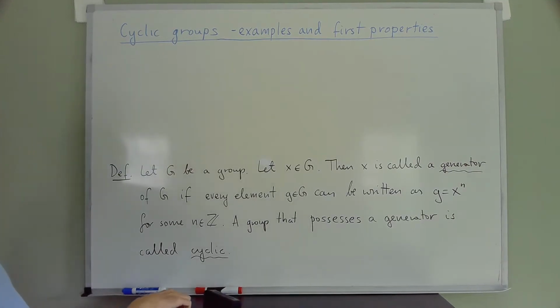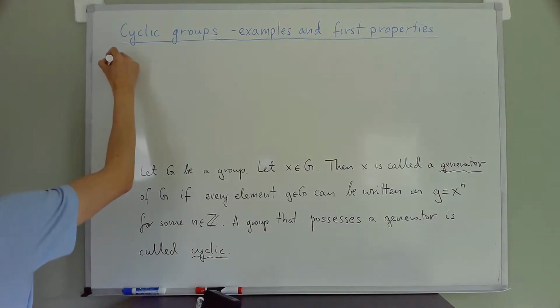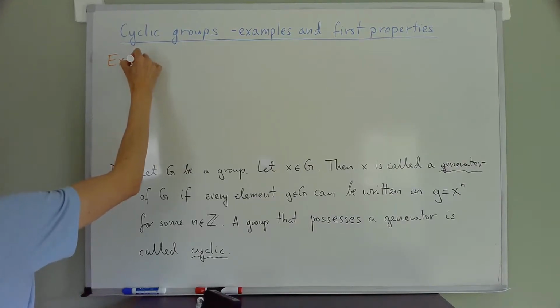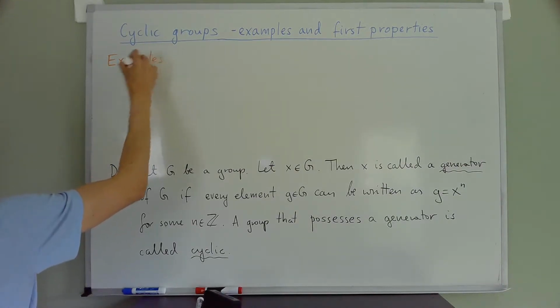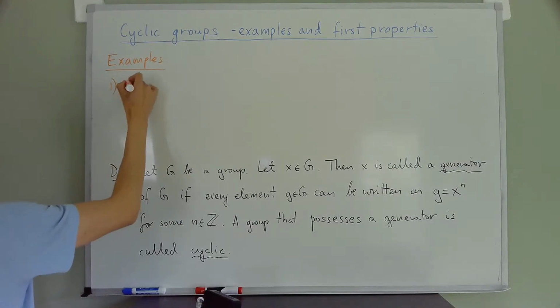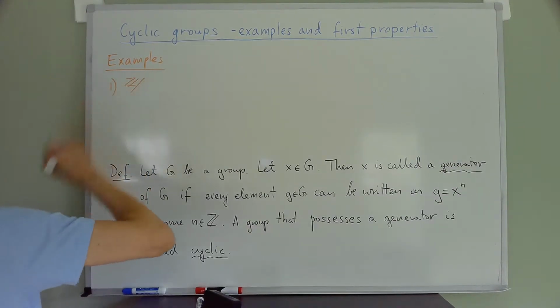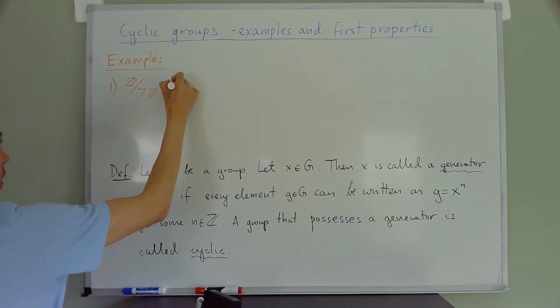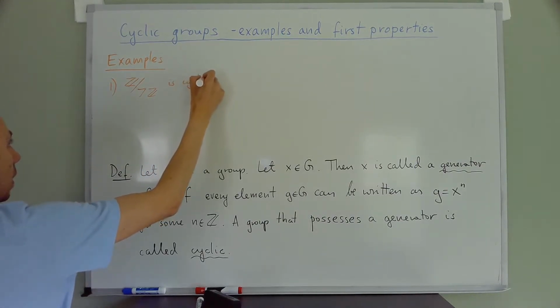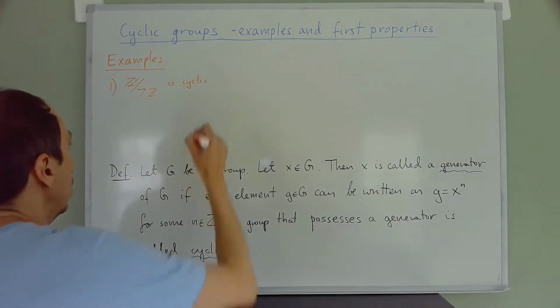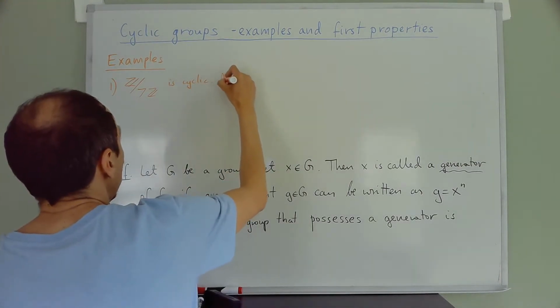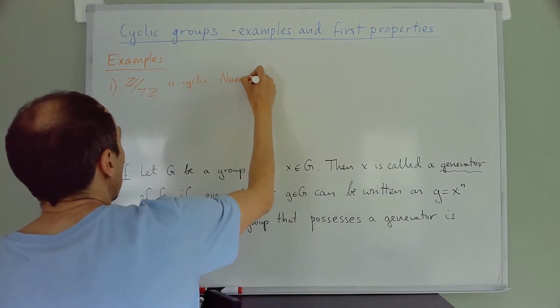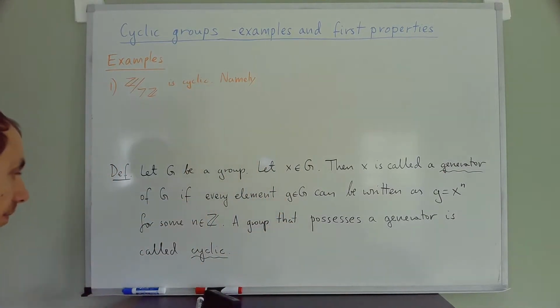So let's start with examples. One, Z mod 7Z is cyclic. Namely, let me introduce a notation here.